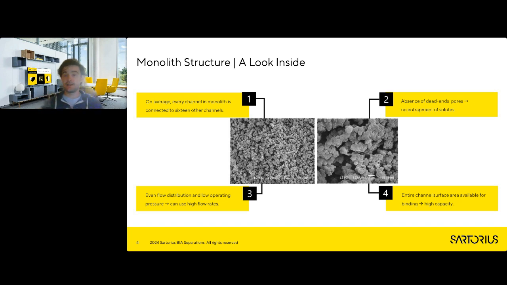There are no dead-end pores inside our monoliths, so what you load should come out because there's no entrapment of solids. Due to the channels, we get even flow and distribution when we operate the monolith, and the surface area of the monolith provides the binding sites for your target molecule.